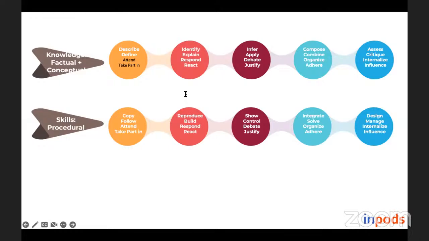But for PG, you will immediately start at the apply level, because they have already gained a lot of basic knowledge in the UG programs. So you want them to start doing analysis, evaluate and create level work in the PG programs. So you will have cognitive levels at that level.